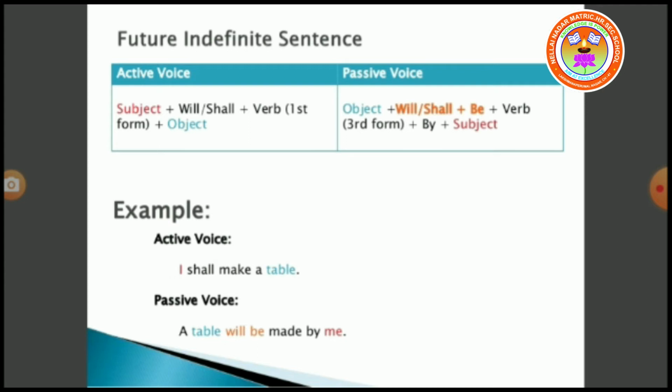So when simple future tense is changed into passive voice, we should add the word be after the modal verb. Then we have the third form of verb. For example, a table will be made by me. Here the verb in active voice shall make becomes will be made in passive voice.